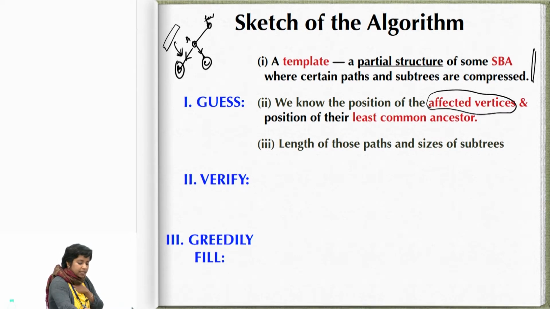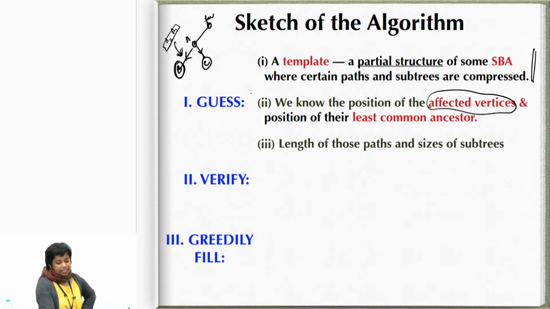Meaning A plays against, say, A1, A1 plays against A2, and so on, and eventually, as I go down this path, the last person in this path gets to play against B. Okay? So all I know is this structure tells me that A has proceeded to a round higher than B as well as C. So this is the information I guess in the first phase.